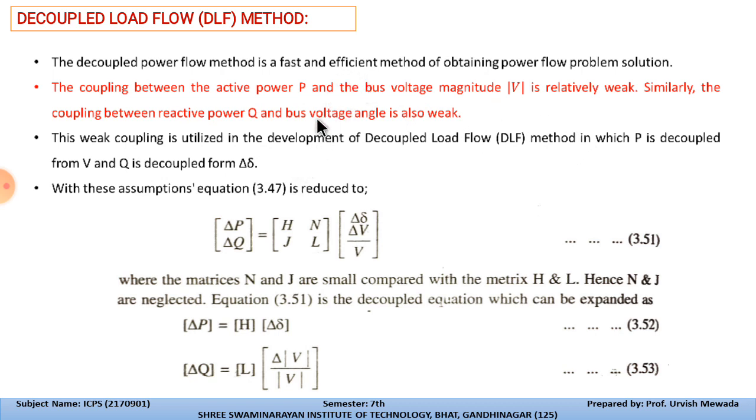As we know, we have different buses in the power system, that is the PV bus, the PQ bus and the slack bus. So whenever we have such weak coupling, P is decoupled from V and Q is decoupled from delta.